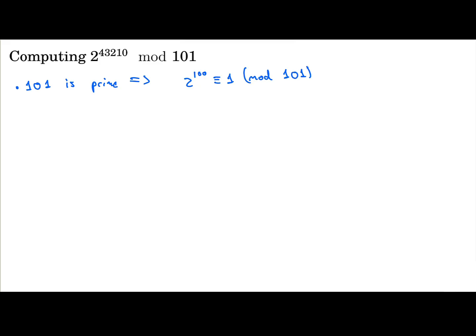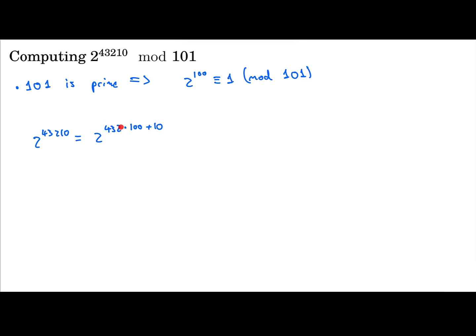And now what you do is you just take what you're interested in, so 2 to the power of 43,210. So you can write this as 2 to the power of 432 times 100 plus 10. So you take this number here, the exponent, and divide it by 100.